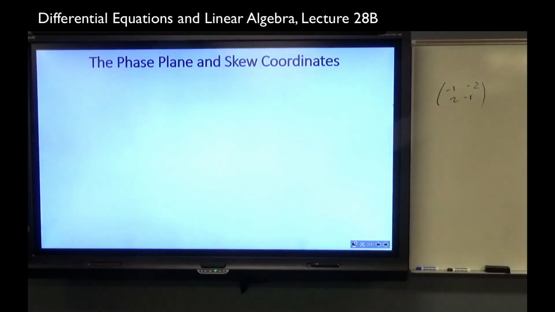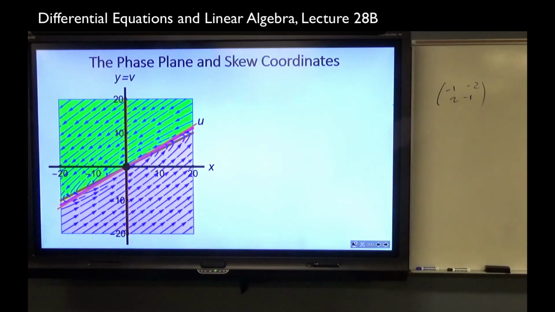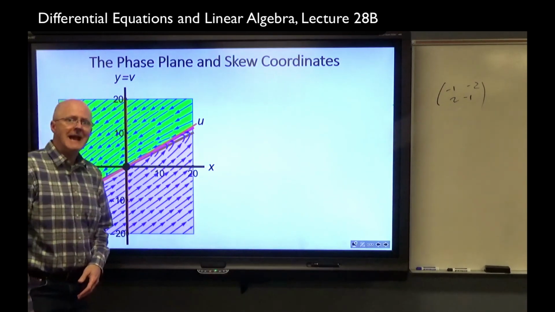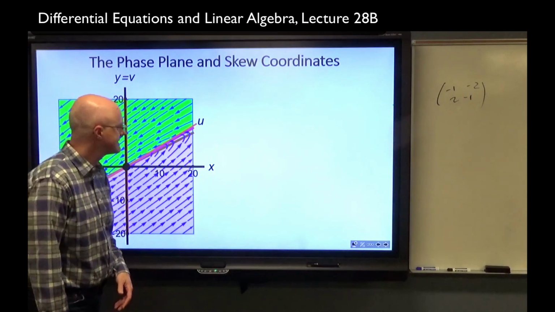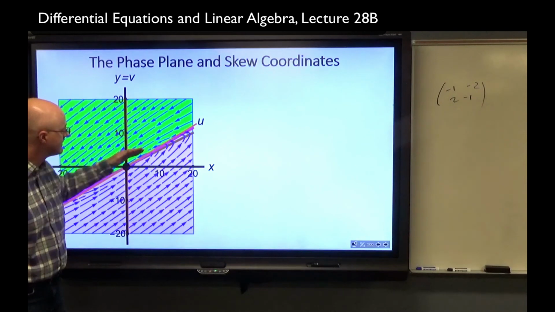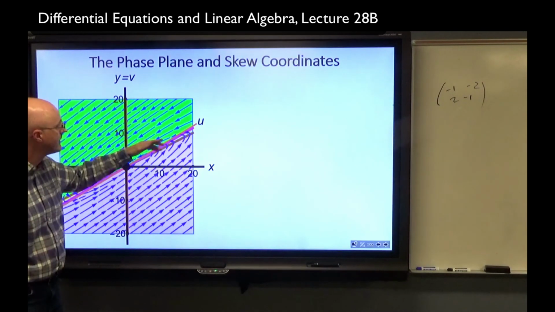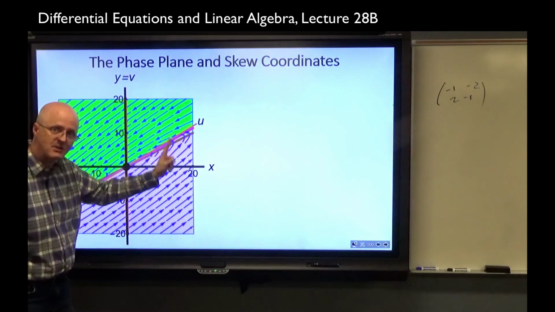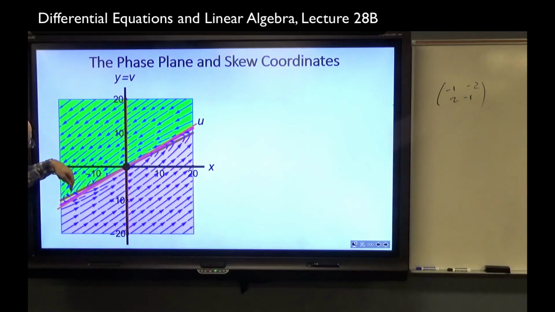It's not quite the last slide, it's a picture, and then we'll look at Mathematica. We can think of this in terms of skew coordinates, like I've emphasized recently. Here is the phase plane for this system. The x null line was y equals 1/2 x. That's actually the brown one. It's got a slope of 1/2. Solutions cross it with vertical tangents going up over here and down over there.